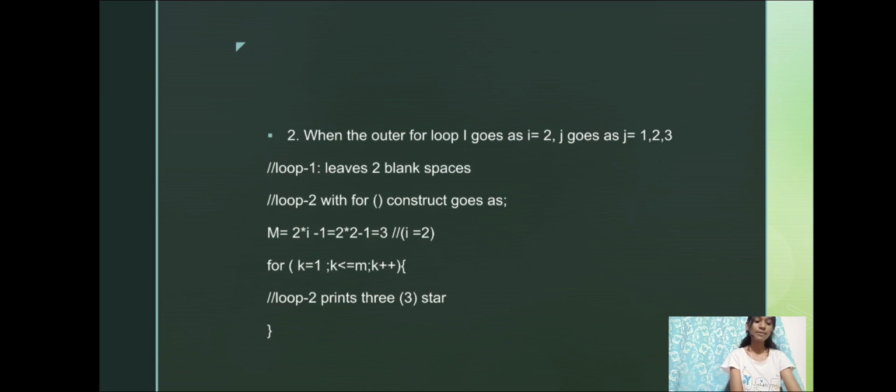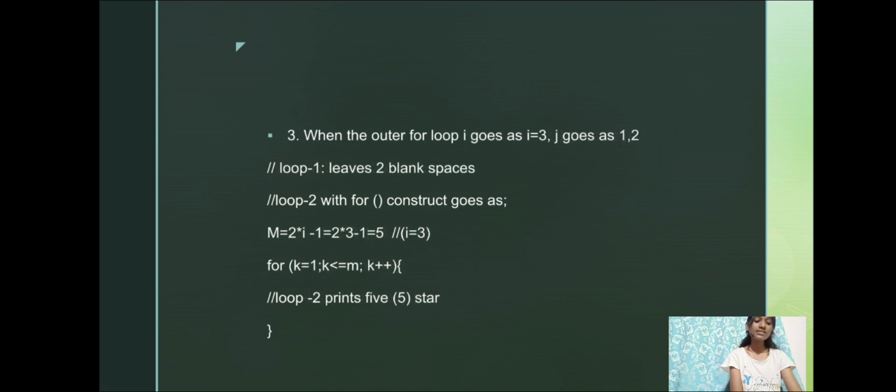The last example is when the outer for loop i equals 3. j goes as 1, 2. Loop 1 leaves 2 blank spaces.